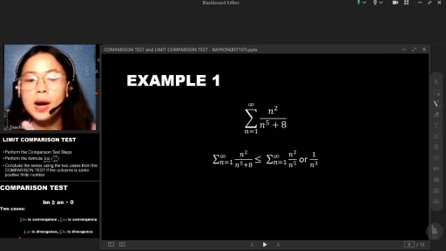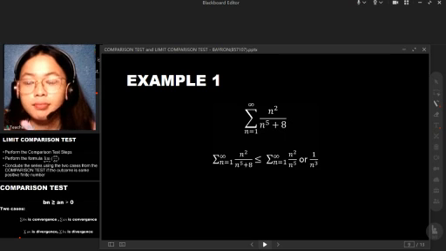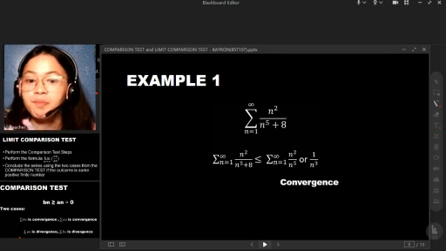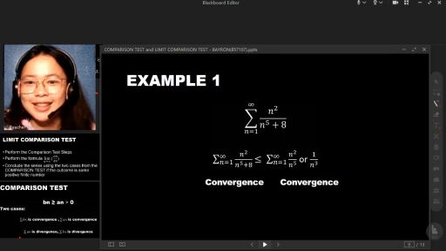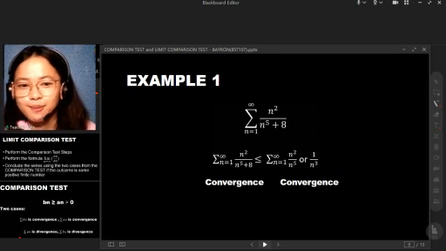Therefore, we can say that if the series of the big sequence converges, then the series of the small sequence converges also. That's what the limit comparison test is.